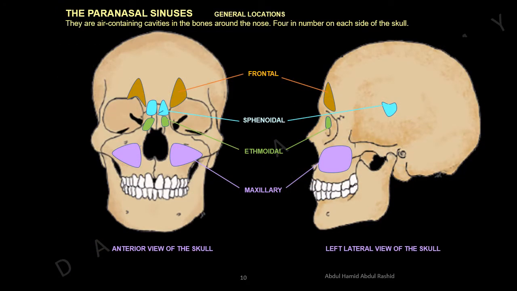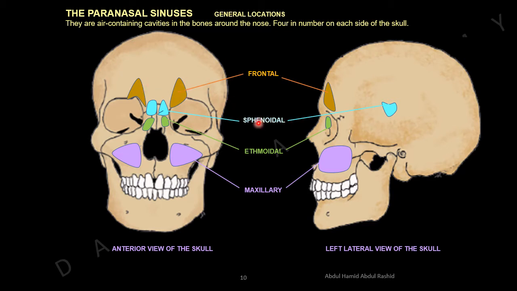The paranasal sinuses, general locations. This is anterior view of the skull. This is left lateral view of the skull. Paranasal sinuses are air-containing cavities in the bones around the nose. There are 4 in number on each side of the skull. This is frontal sinus in the frontal bone.